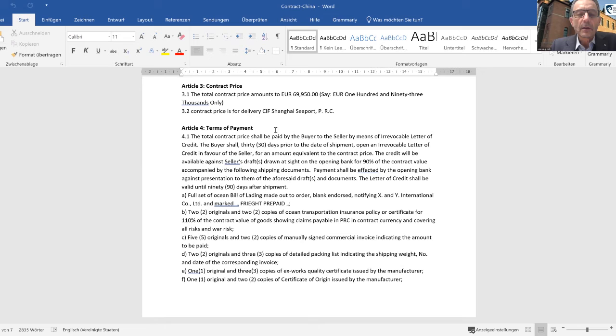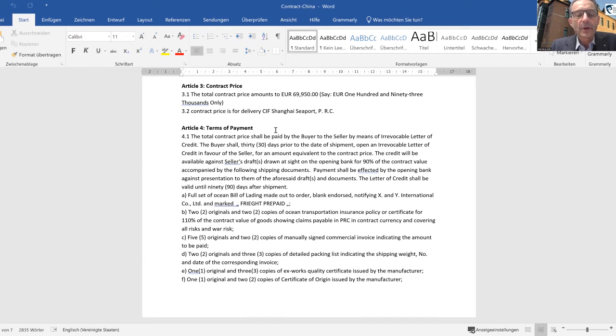I will tell you a little bit more in detail how these letters of credit are handled. Here you can only presume that it means a bank promises to pay after the seller has fulfilled his obligation. Additionally, the buyer shall open this letter of credit 30 days prior to the date of shipment.